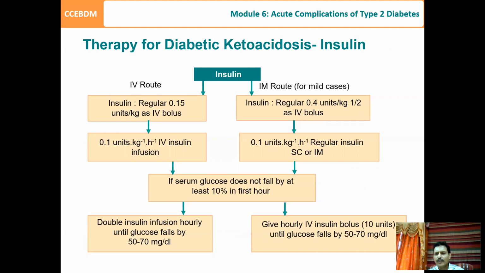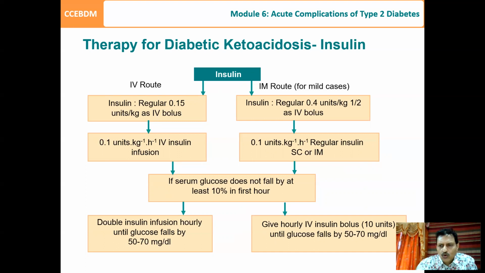As I've told you, I'm very happy if the glucose value falls 30 to 50 milligram per hour. That is more than sufficient. We don't require a speedier fall of the blood glucose value. Rather, we have to give insulin continuously, at a low dose, to prevent catabolism.